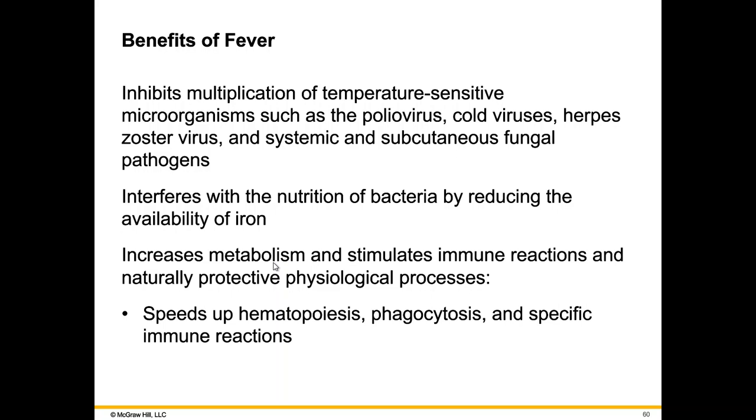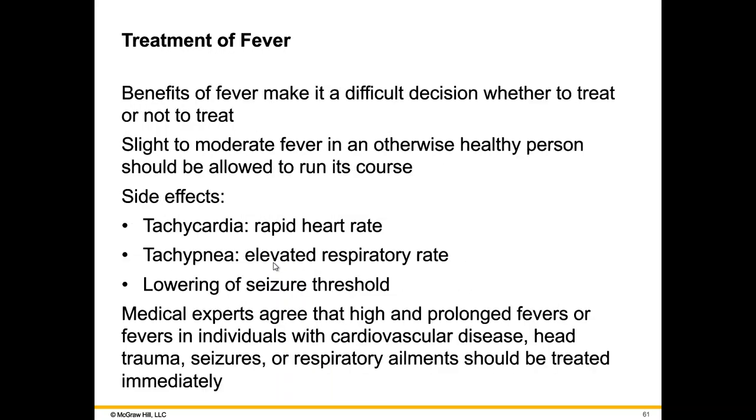It also increases the metabolism of our own cells and stimulates our immune reactions to happen quicker. So it speeds up hematopoiesis, which is again the production of more blood cells. It speeds up phagocytosis, and it speeds up other immune reactions. So all in all, there are several benefits of fever, even though it can kind of be a damper on our parade. How do we treat fever?